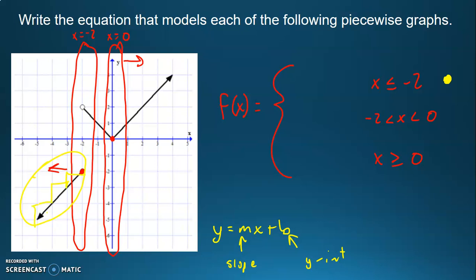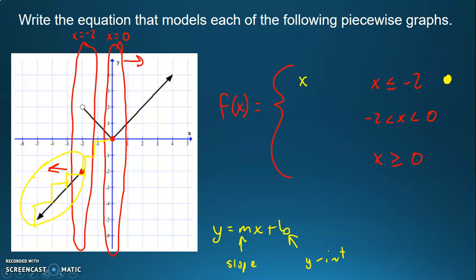The slope is 1. I'm going up 1 over 1, up 1 over 1, up 1 over 1. I can't see the y-intercept until I just extend it a little bit in my mind. So to get over here, it turns out that the y-intercept is at 0. So the slope is 1, y-intercept is 0, so this would be just x. So when x is less than or equal to -2, the rule is just x.